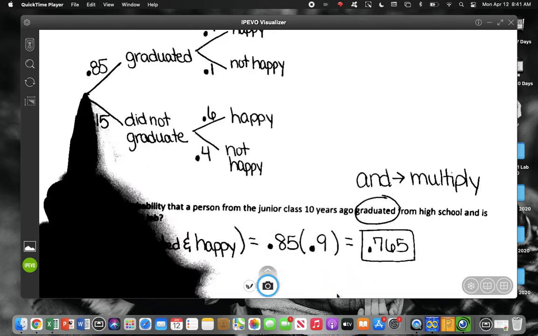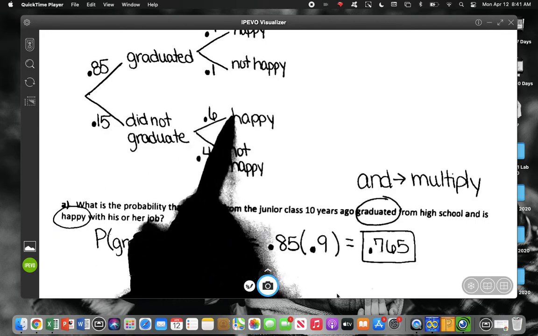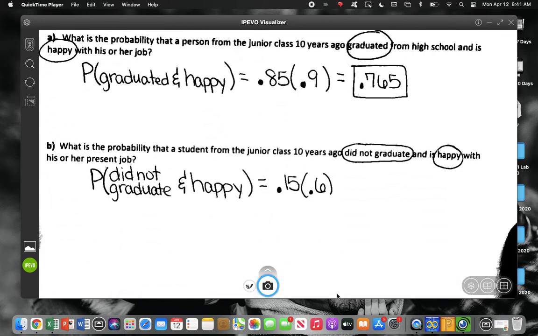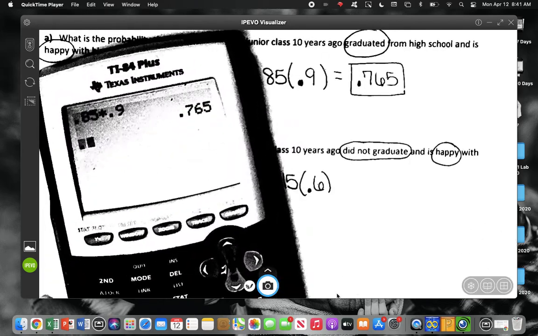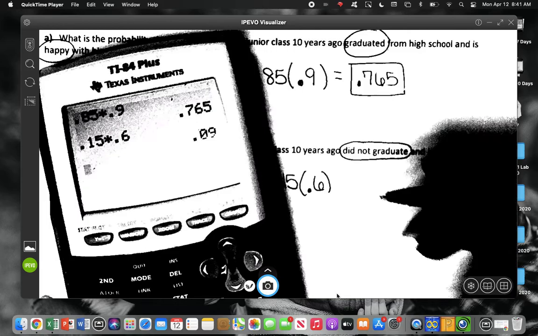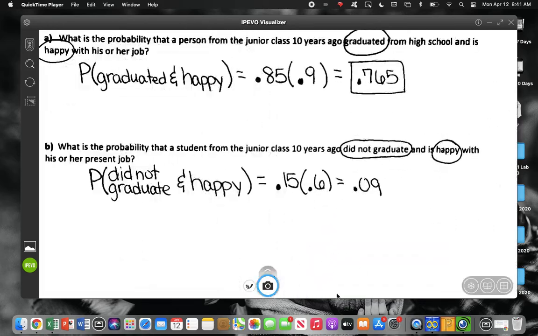So did not graduate is 0.15, and then the happy from that branch is 0.6. So we multiply those together. 0.15 times 0.6 is 0.09. So that's pretty slim, say 9%. It's not too bad.